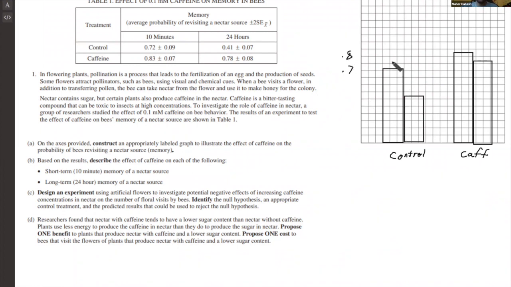And we have to explain the differences between here's the 10 minutes, 24 hours, 10 min, or we could have done it somehow in a legend, 24 hours. So we need all that, but that's still not going to get us all of our points that we need here. Does anyone know the last thing they're looking for to describe the stuff graphically?